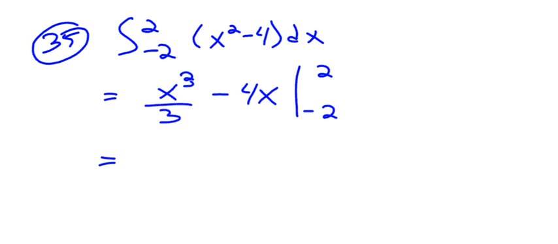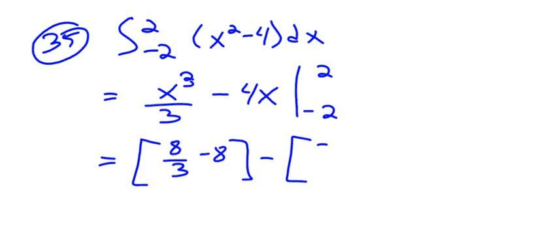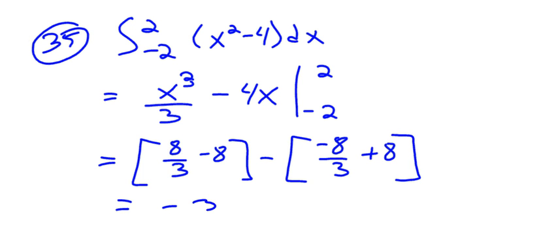Using FTC part 2, I'm going to plug in my upper bound into the function, and subtract the lower bound of the function. And I'm going to evaluate this, and I should get negative 32 thirds.